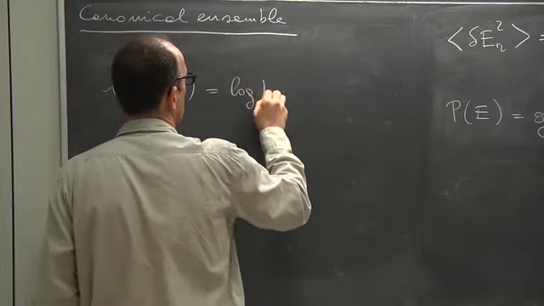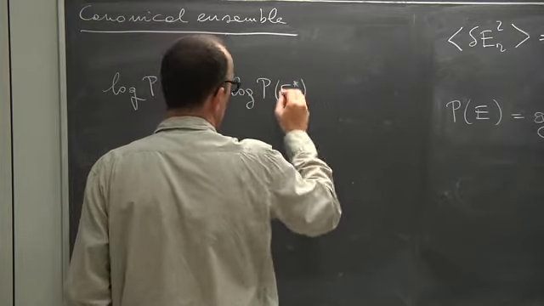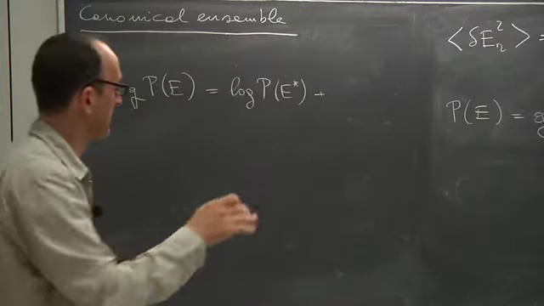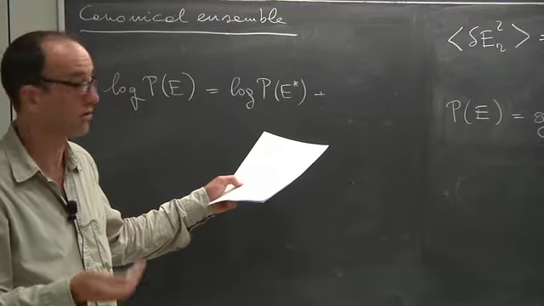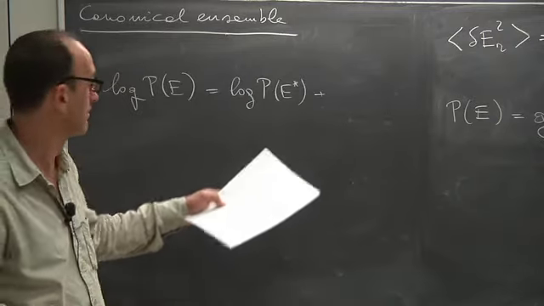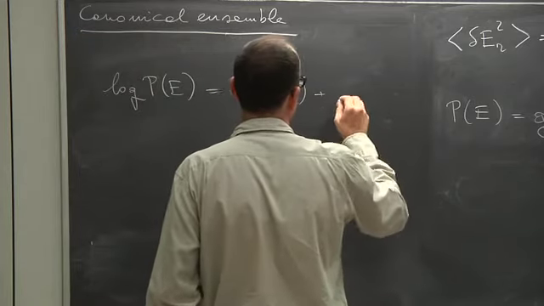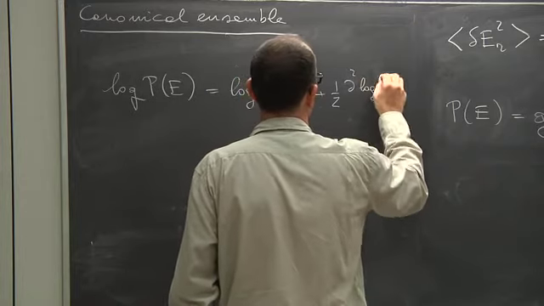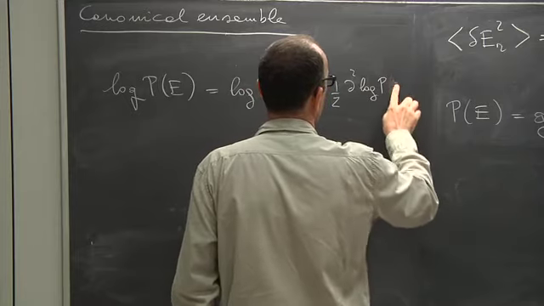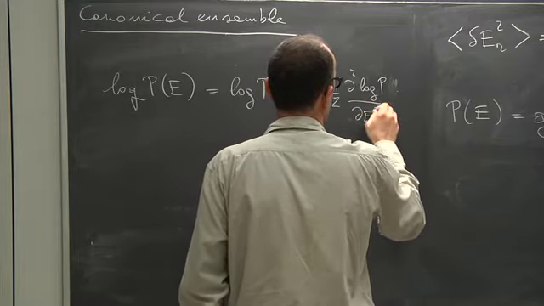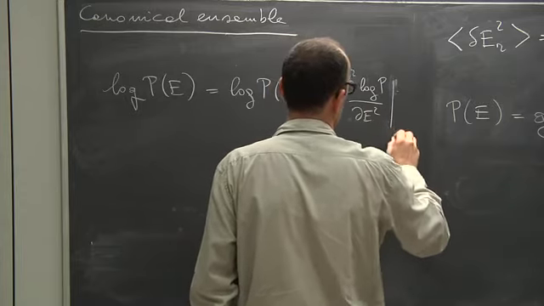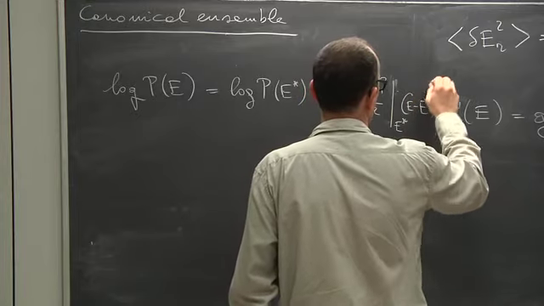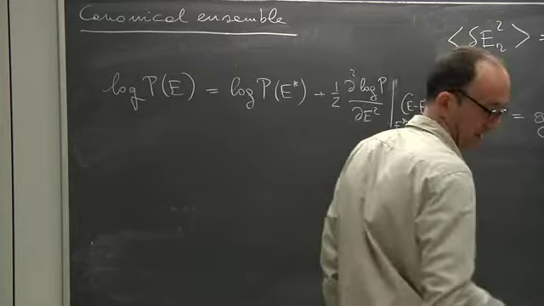Okay, so the first term is log of p at E star, which is equal to u. Then the first-order term, since it's the maximum, will be equal to 0, so there is no linear term. And the second term will be 1/2 the second derivative of the log of p with respect to E squared at E star, times E minus E star squared, plus higher order terms.